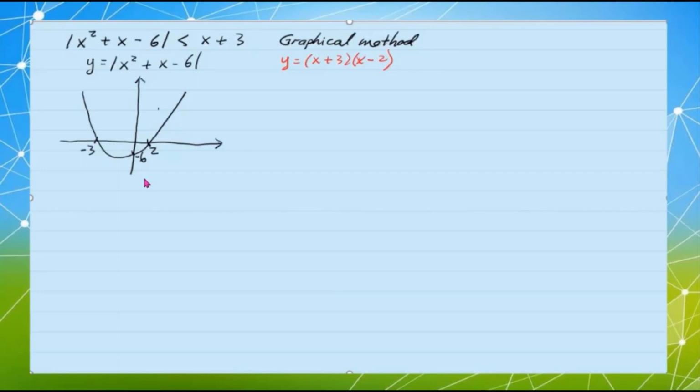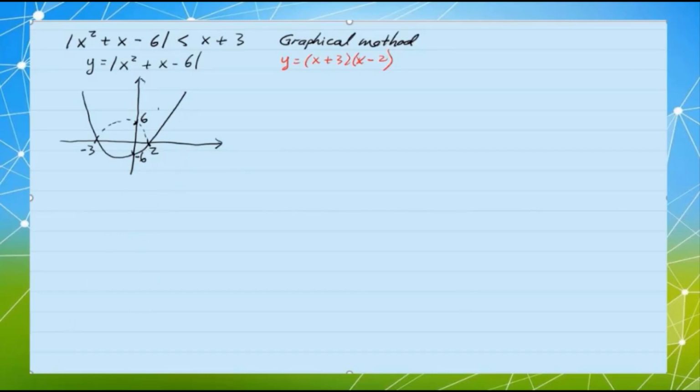Now in order to get the modulus of this quadratic function, the part of the graph which is below the x-axis needs to be reflected up by using the x-axis as the line of reflection. After the reflection, the curve is reflected up here and the intercept is 6. Now we label the curve.